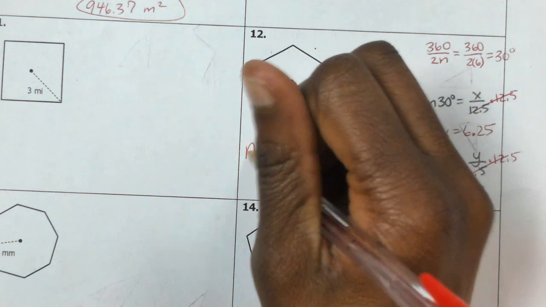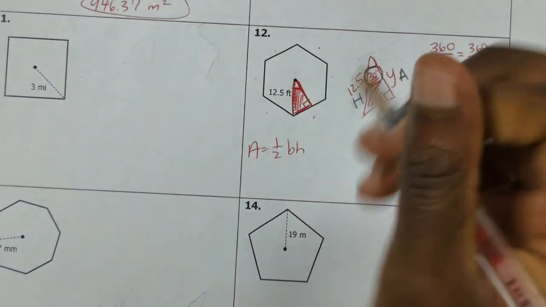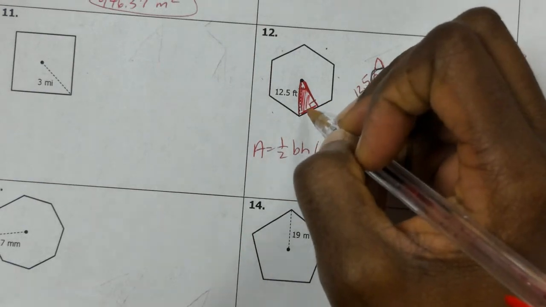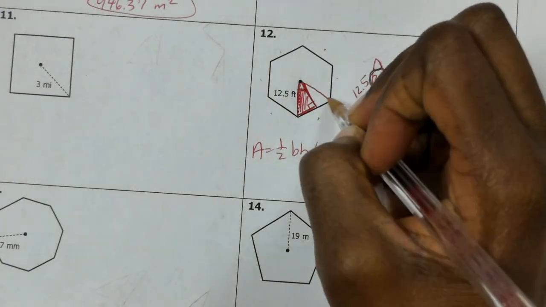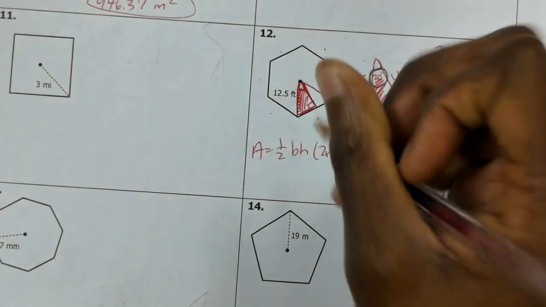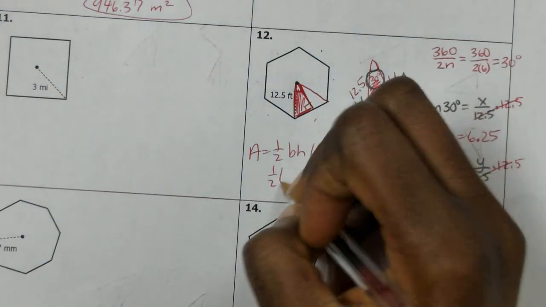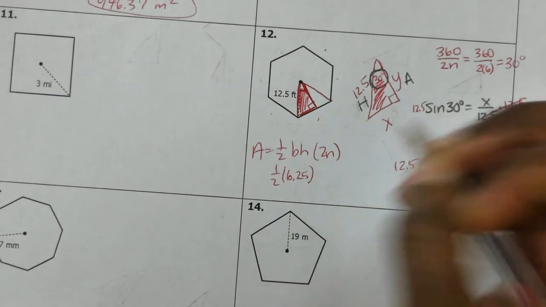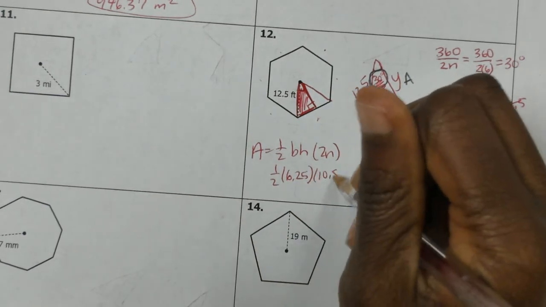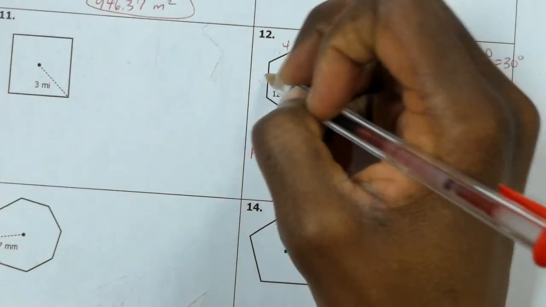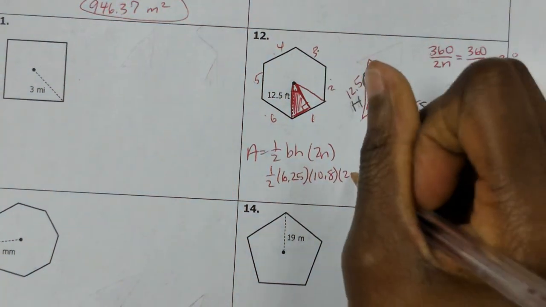Okay, so then the area of the triangle is going to be 1/2 base times height times 2n, which is the number of sides times 2, that's how many triangles you can make in the polygon. So it's going to be 1/2 the base, which is x, was 6.25 exactly. The height was 10.8, and then 2 times the number of sides, there were 6.